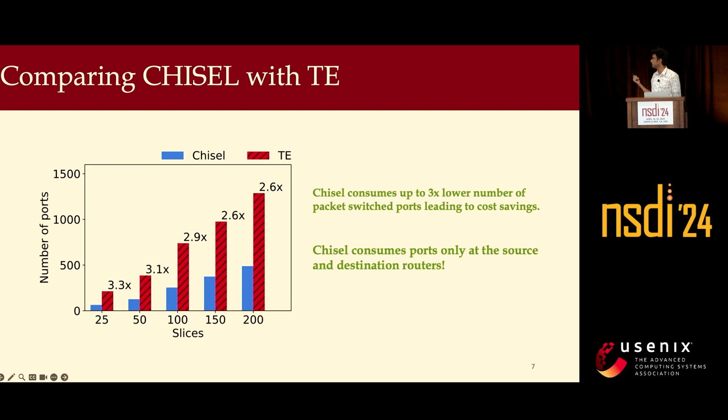We see that CHISEL consistently consumes less than 3x the number of ports compared to traffic engineering. This is simply because CHISEL consumes ports only at the source and the destination and not in between. And this leads to cost savings because routers are expensive.